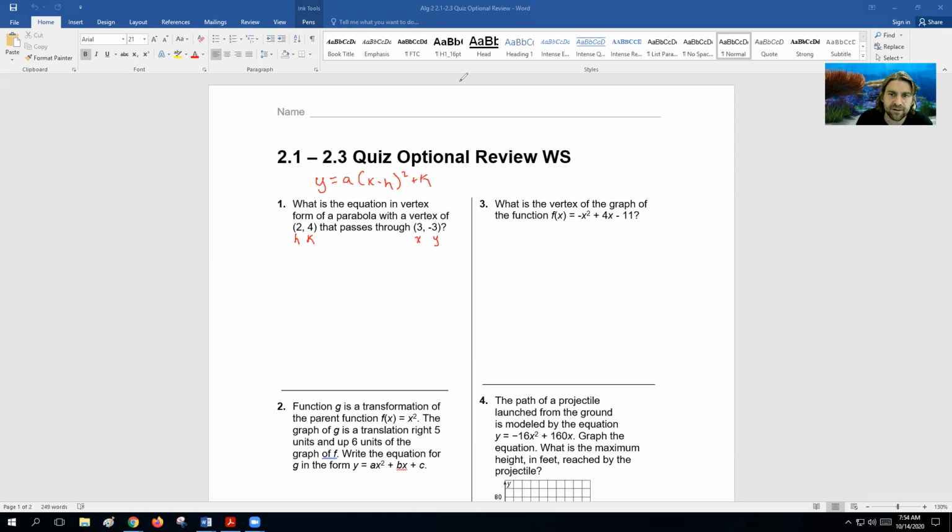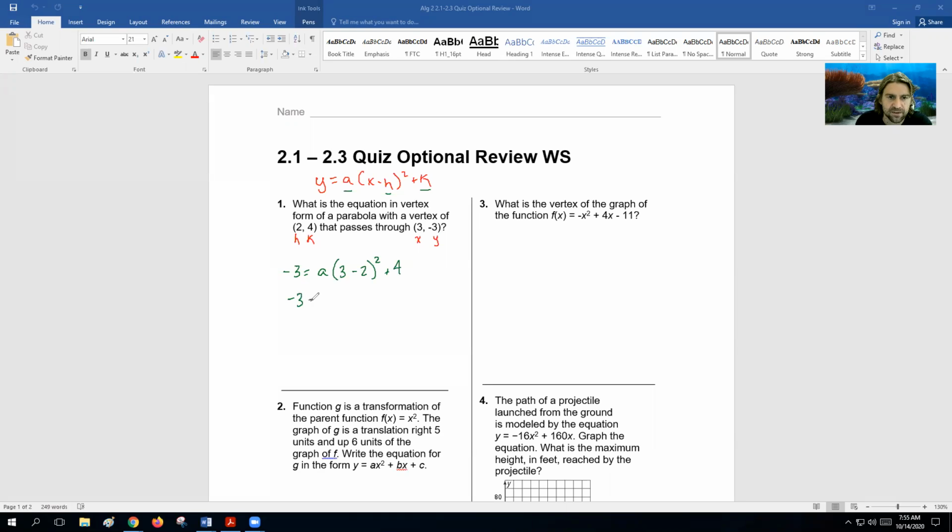So let's set it up. We've got to figure out what a equals because we've got to know a, h, and k. We know h and k already. We've got to figure out a. So let's plug in y. It's negative 3 equals a, we don't know a, times (x is 3 minus h is 2) squared plus k is 4.